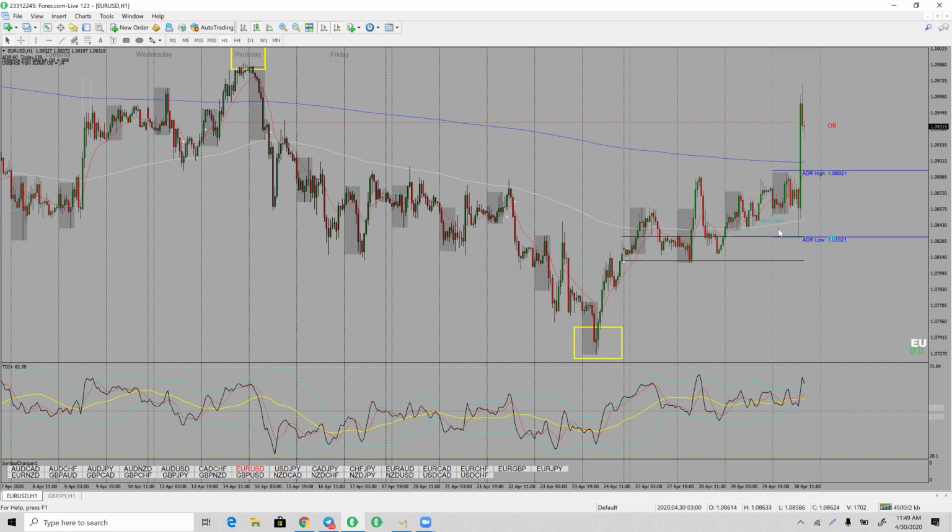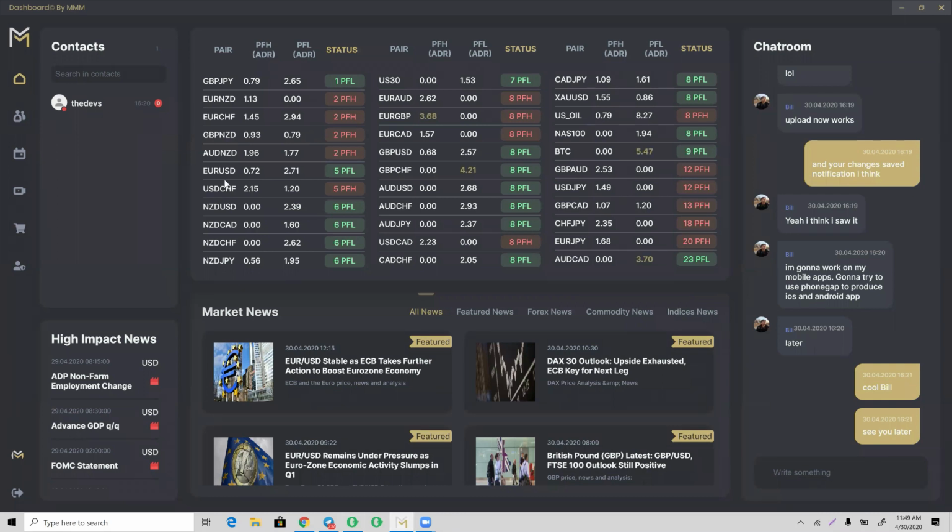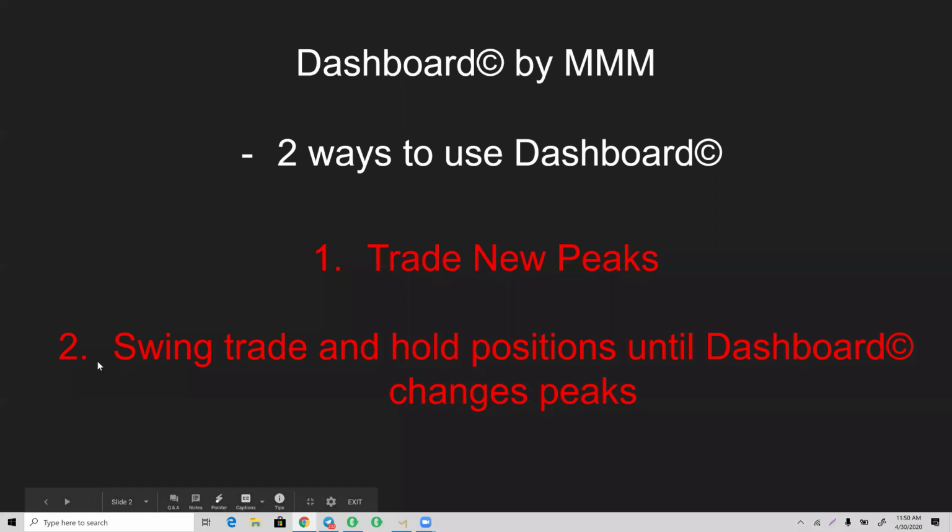And we can continue to hold and swing trade until the dashboard goes from peak formation low to peak formation high. And this week so far, we've had about 100% accuracy rate with all of our new peaks. So in a nutshell, that's essentially how we can use it.